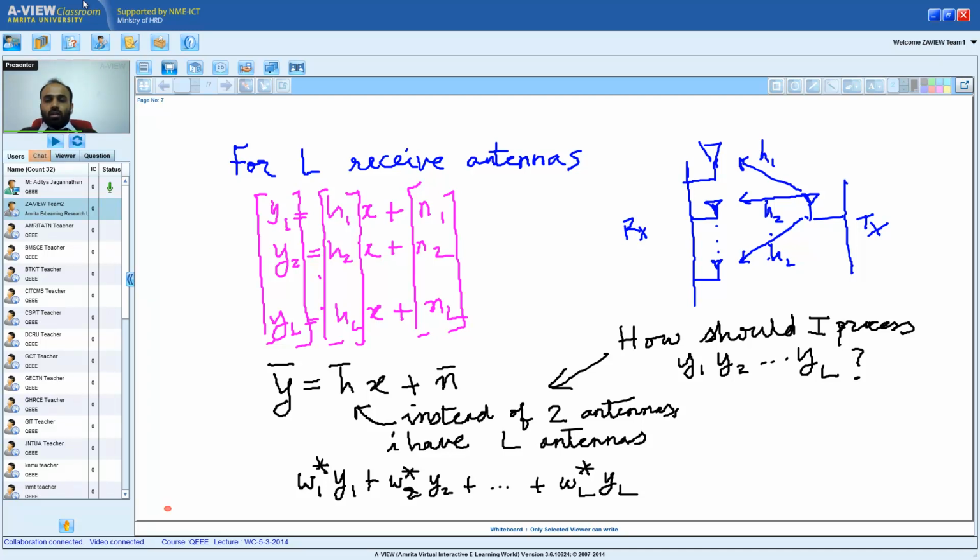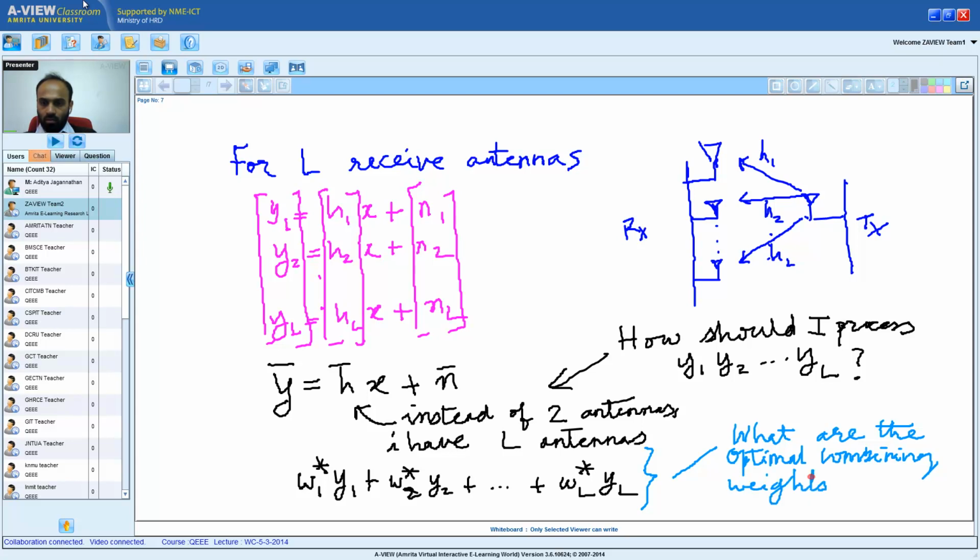Can we look at what we did previously? My question is, what are the optimal combining weights?